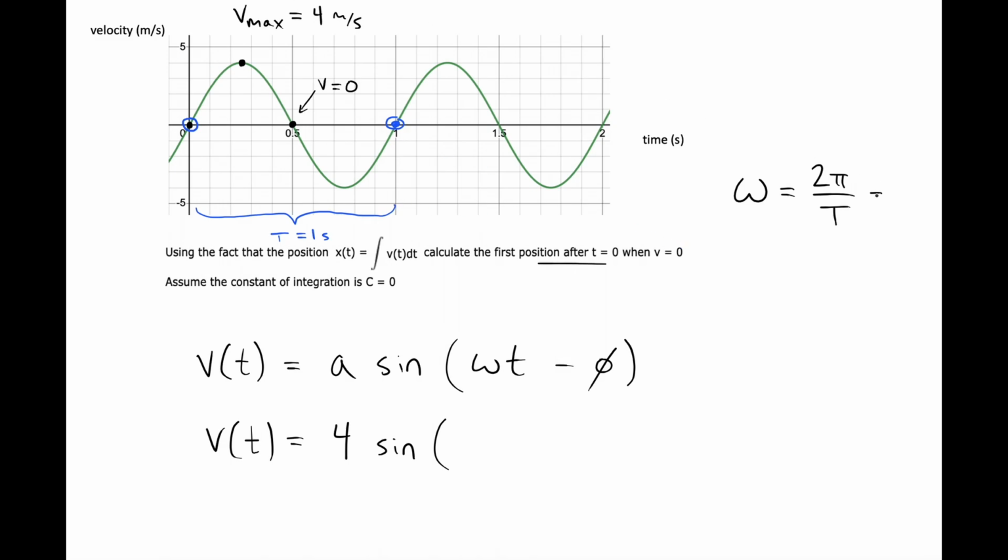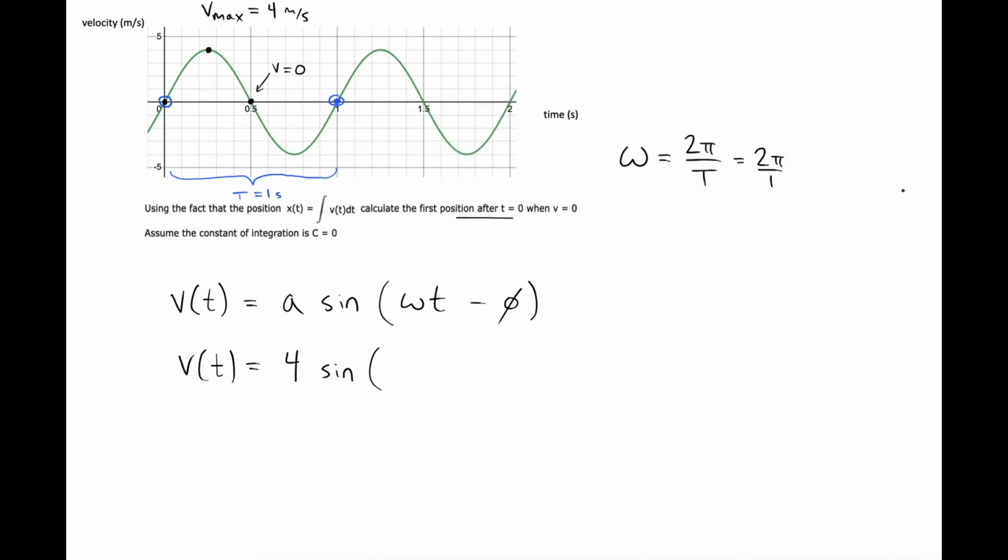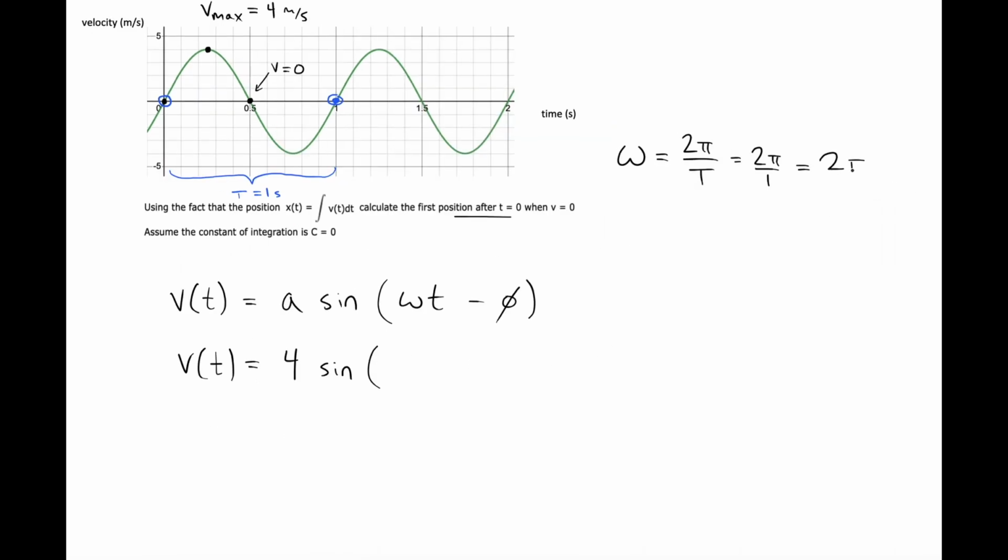So that makes our omega for this problem 2 pi. Phase difference is just 0. There is no horizontal shift of the sine function. So that's our velocity function.